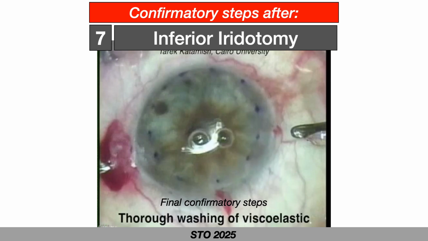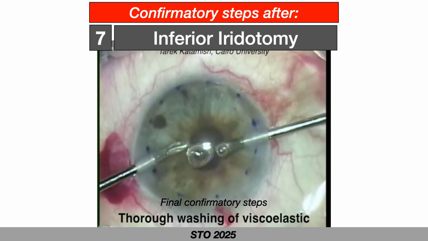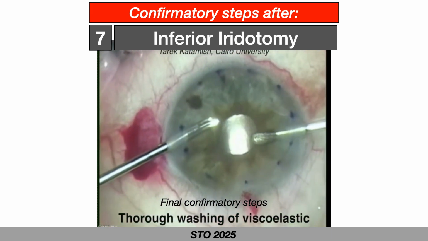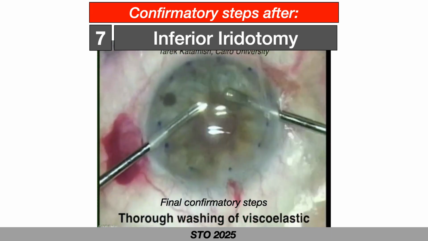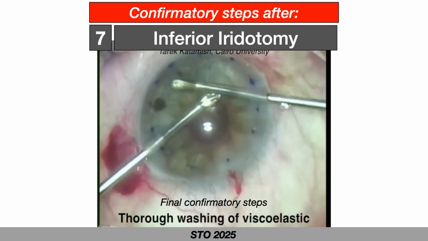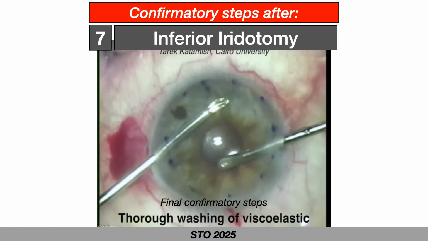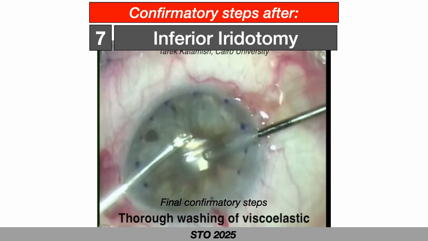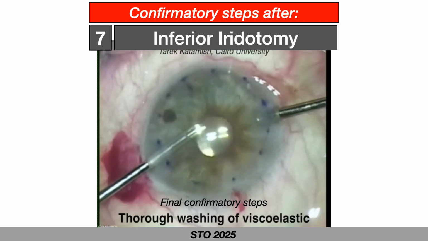Then after iridectomy, you do some confirmatory steps. You do thorough washing of the cohesive viscoelastic to prevent any sticking of the graft to the Healon or the viscoelastic material.